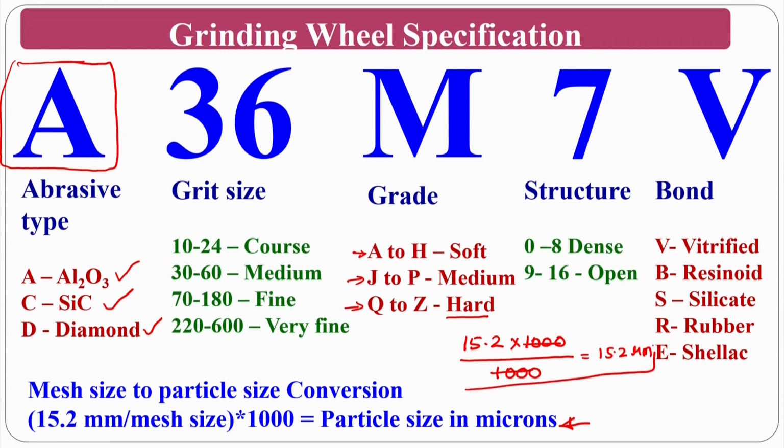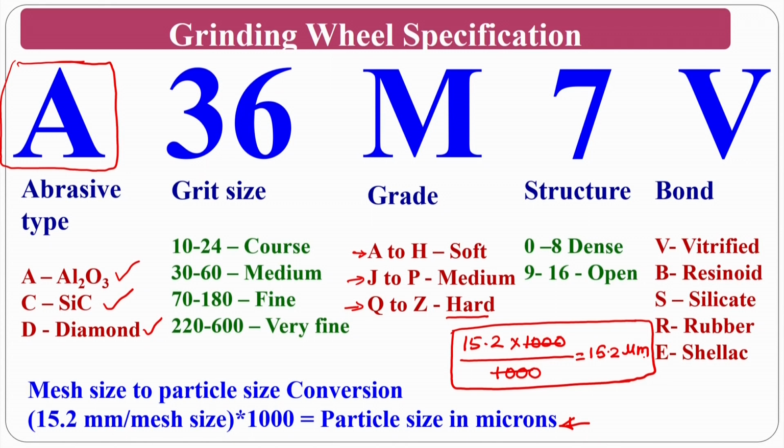That means if the mesh size is 1000, my abrasive particle size is 15.2 microns. In this way, one can calculate the abrasive particle size. So that is the relation.